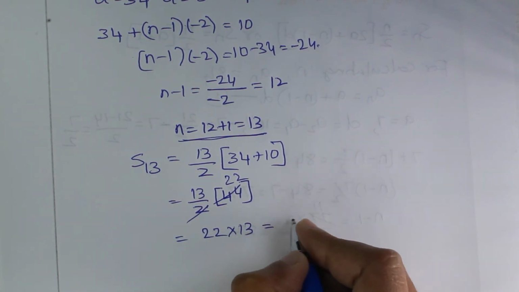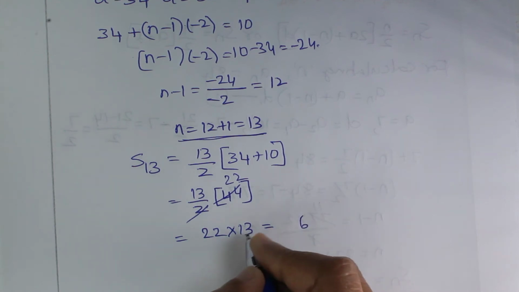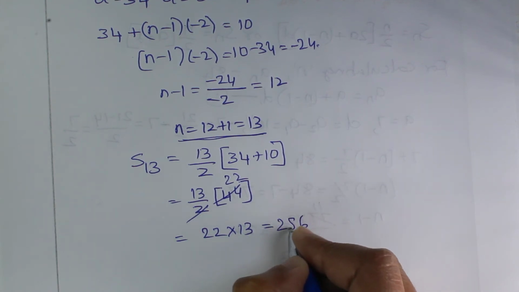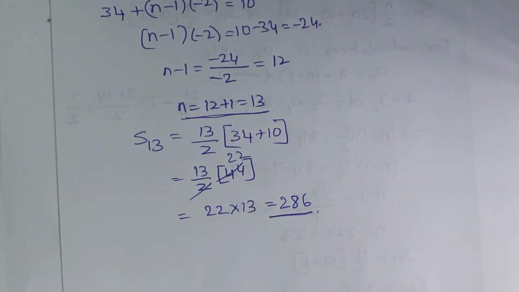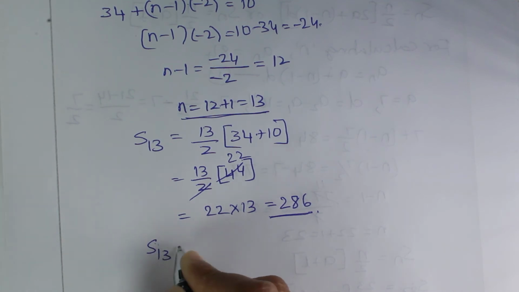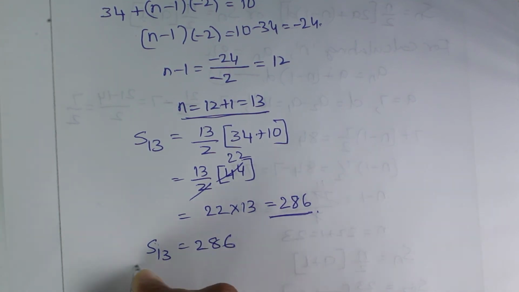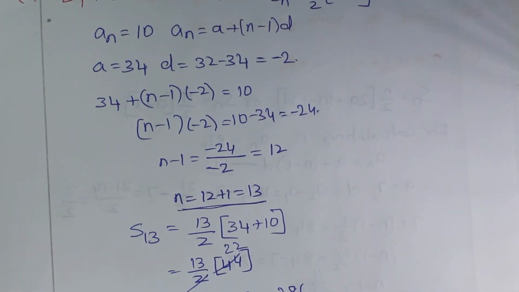That is equal to 13 twos are 26, 13 twos are 26, to 286. So the answer is 286. So the sum of the first 13 terms of this arithmetic progression is 286. Hope this is clear for you.